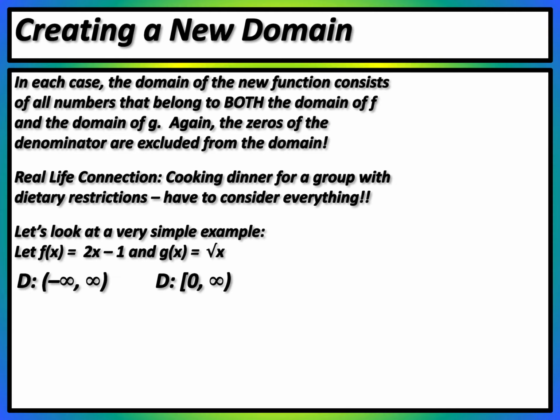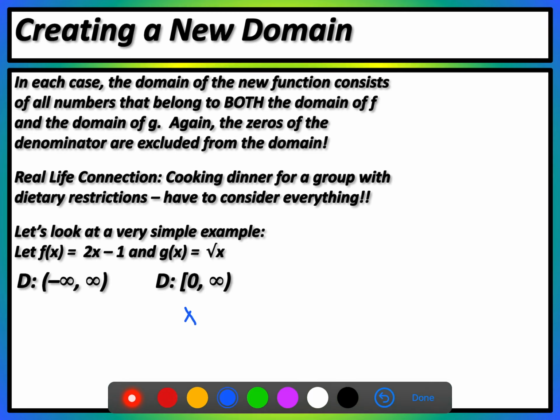A very simple example here: f of x is 2x minus 1. That's a linear function, so it has a domain of negative infinity to infinity. g of x is the square root of x, which means you'd have to limit your domain to just nonnegative numbers, which is how we get 0 to infinity for the domain of that. So let's say we were adding these two functions together.